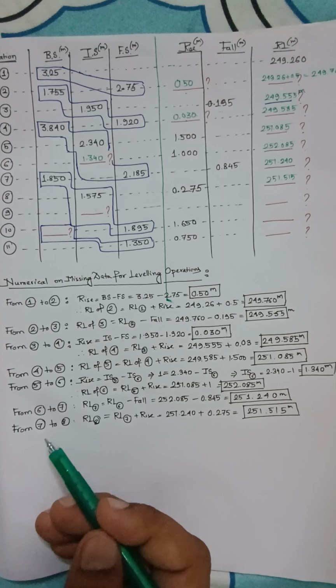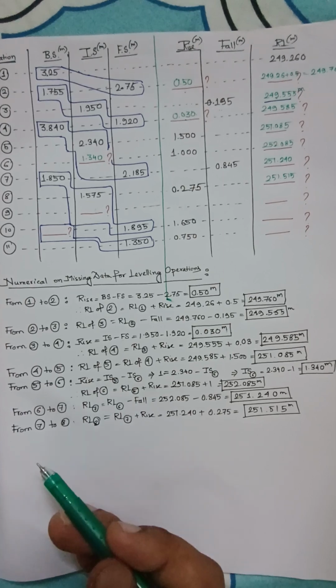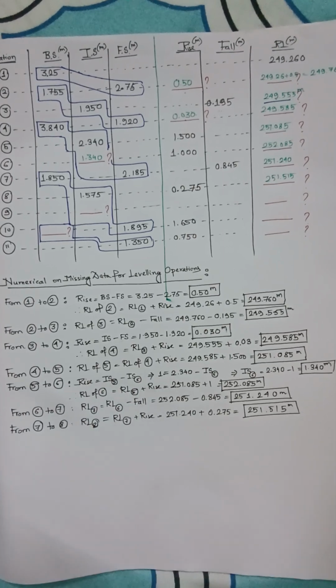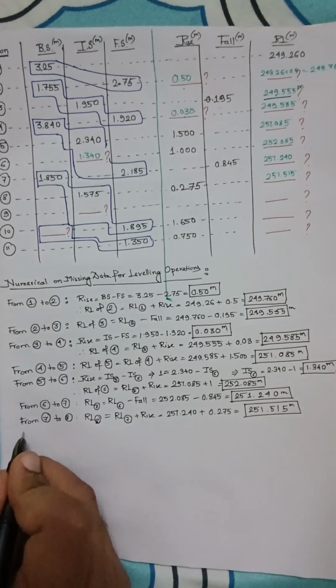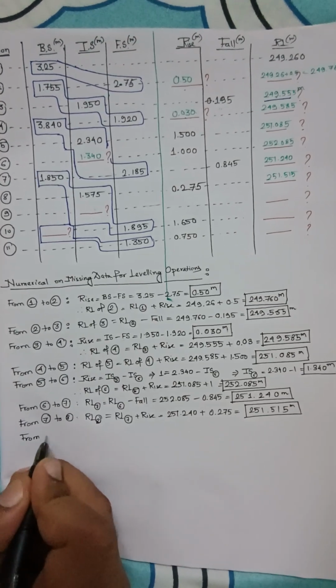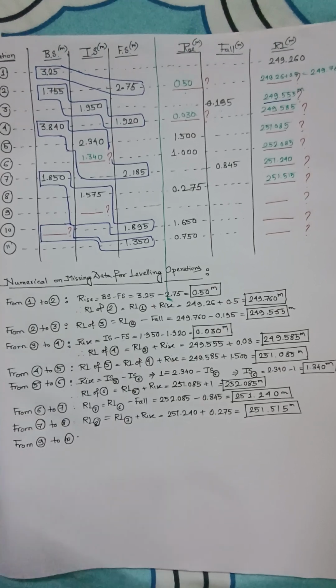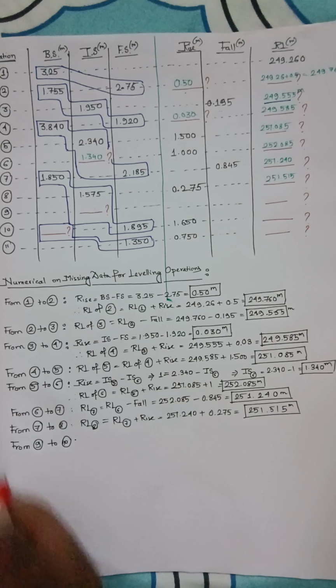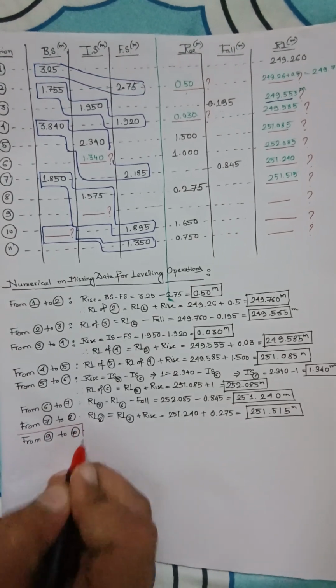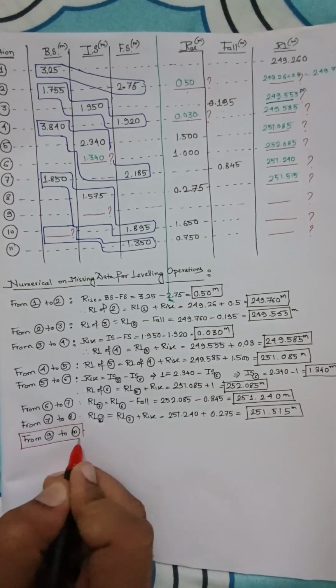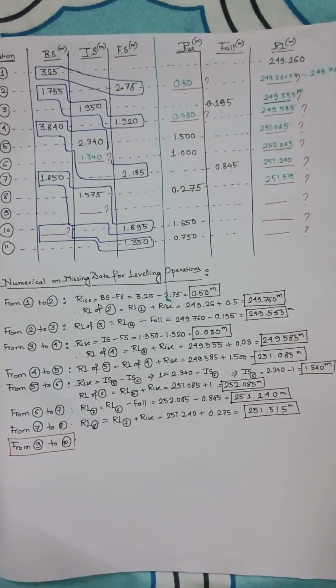So I actually have to write the 9 to 10 first before 8 to 9. Here is the tricky part. From 9 to 10. I'm telling again, I am marking it with the red color so that there is no confusion.